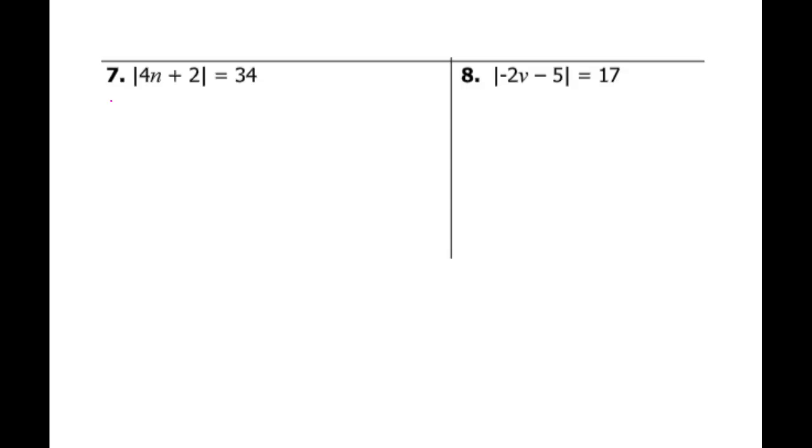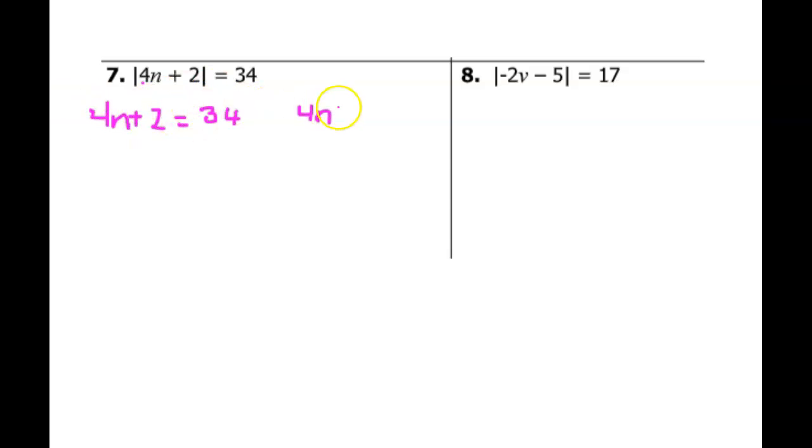It's isolated, it's all by itself. So what do we do next? Set up the equation. How? 4n plus 2 equals what? And then what?